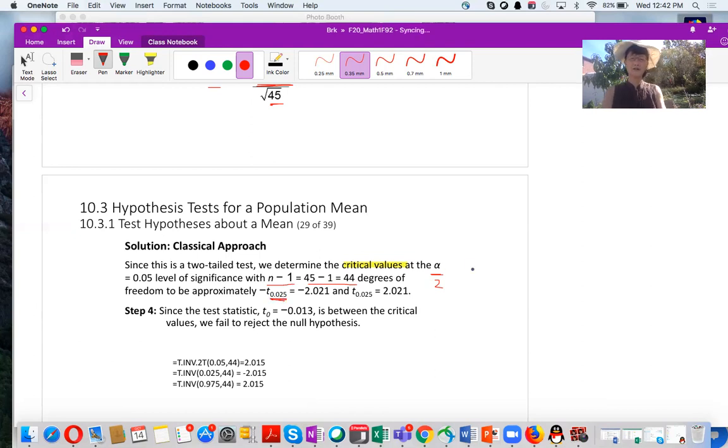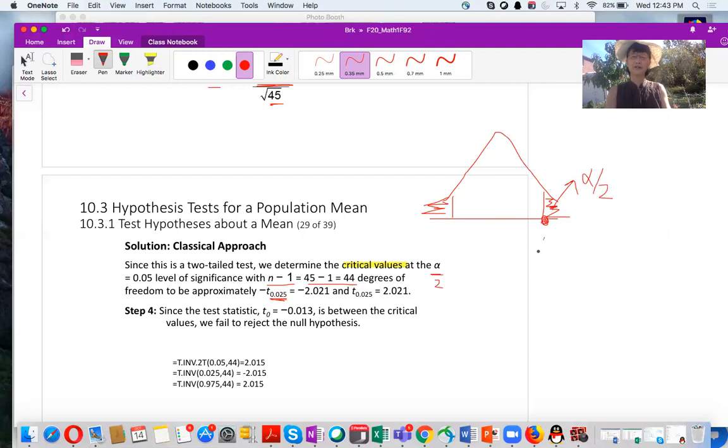So I will draw a diagram here. What we are doing now is trying to find the critical value. Because this is a two-tailed test, you should have 2 critical values. One critical value is this point, and this area is half alpha.